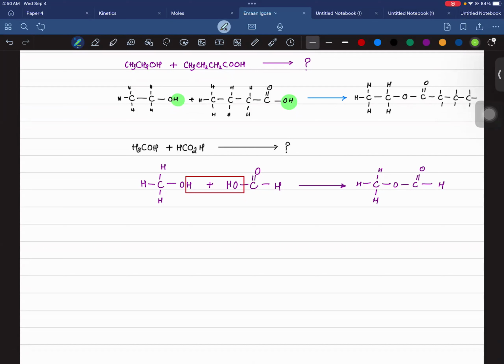Let's suppose you make this structure in this manner, just like that. This is also correct.